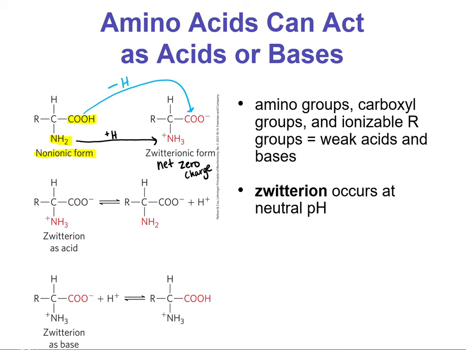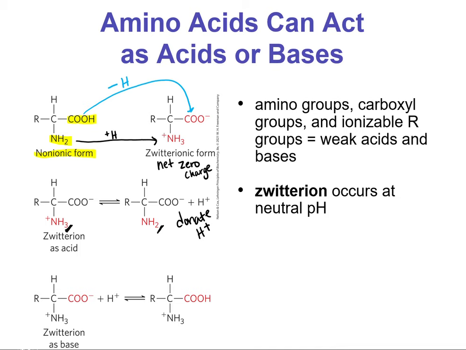Zwitter ions can act as an acid or a base. If it's acting as an acid, it's going to lose or donate a hydrogen. So I'm just highlighting here, we go from that NH3 to NH2. So we're donating a hydrogen.